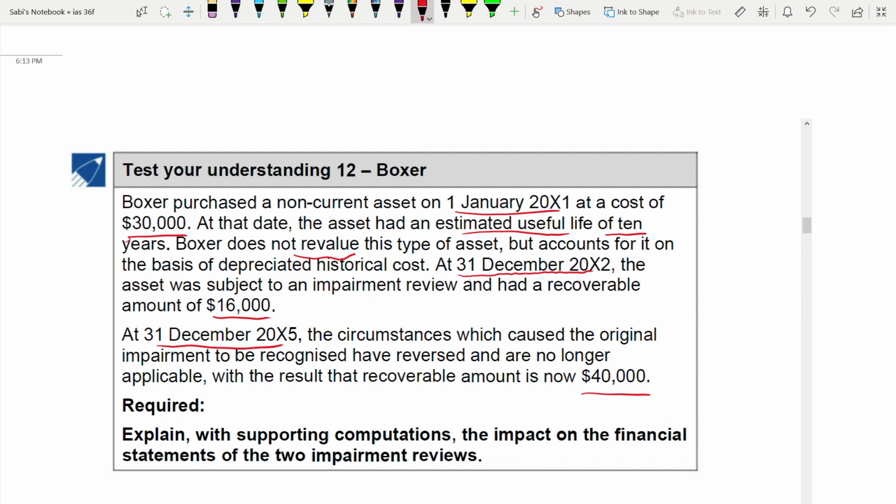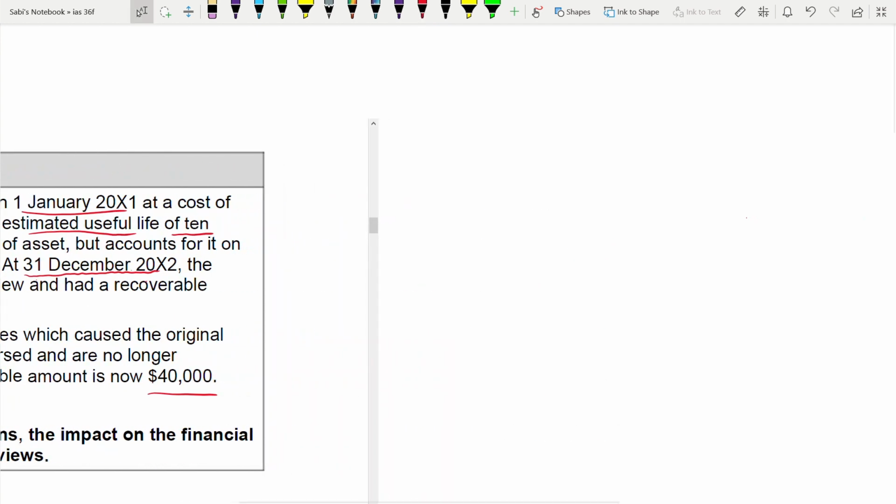So now we are going to do 2002, what would be the position? 31st December 2002 is the date when impairment took place.